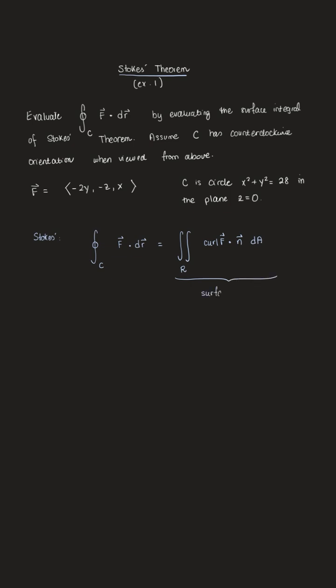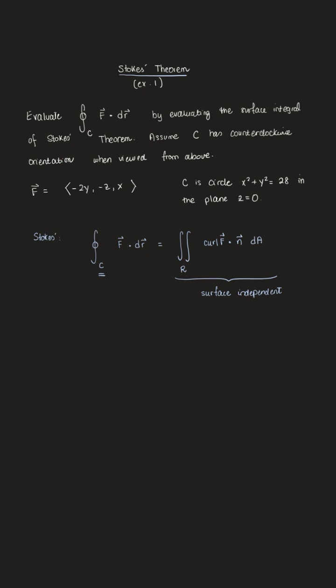This is a property of the curl. So we can choose any surface we want that has a boundary of C, and they will have the same circulation. So the double integral on the right will have the same value because we're measuring the circulation using the line integral on the left.